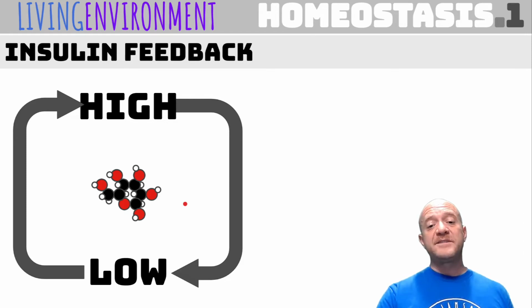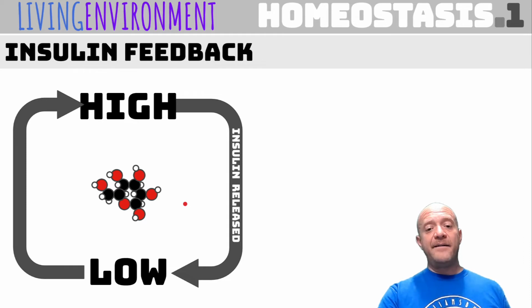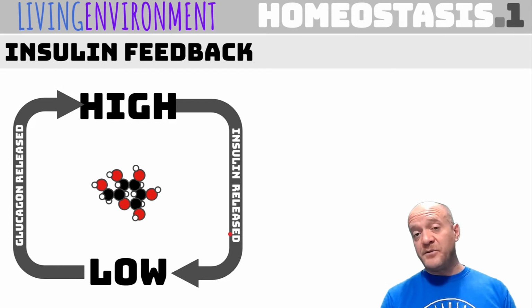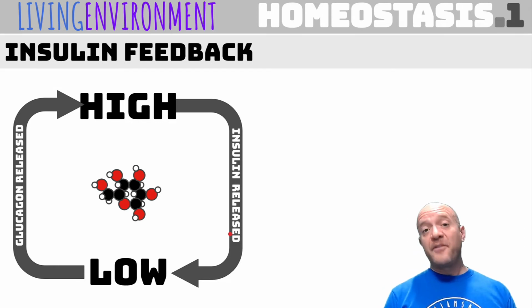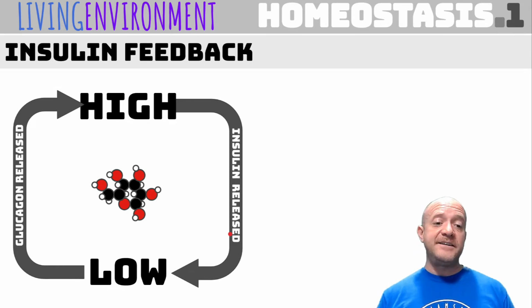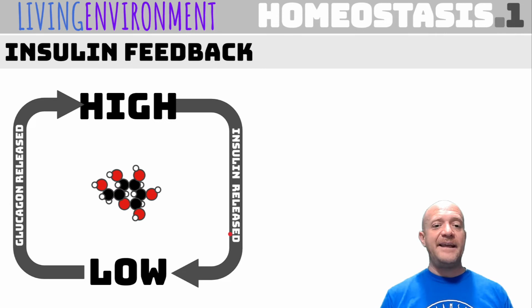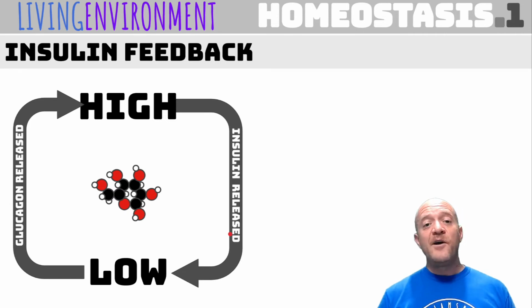When blood glucose levels are very high, it causes insulin to be released, and the insulin allows our cells to take in glucose. Now, when insulin is very low, our body releases glucagon, and glucagon is another hormone that causes glycogen to be converted into glucose. In other words, it digests a carbohydrate and converts it to glucose, which then increases our blood glucose levels.